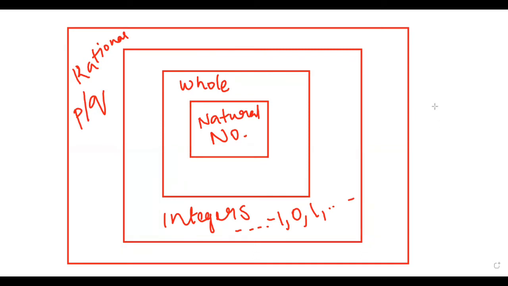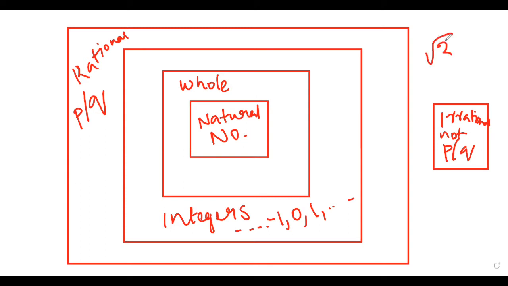Now we have something else. Aside from this, we have another small box. In that, we have irrational numbers. And what are they? Numbers which are not of the form p by q are called irrational numbers. There come your root 3, root 2. All are irrational numbers. So now we have a very big box, and it's very important also.